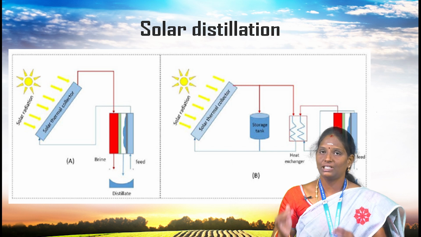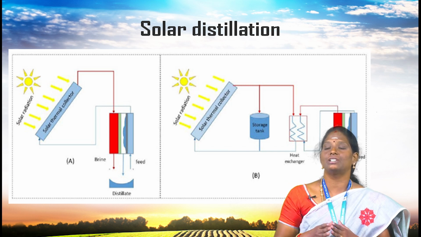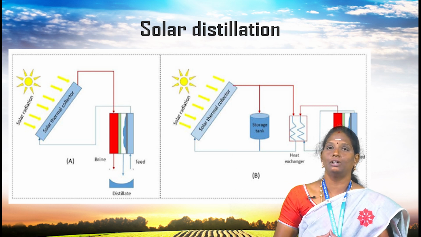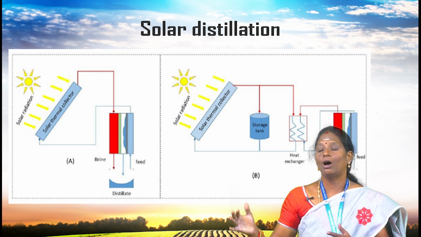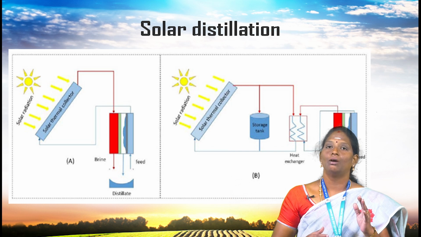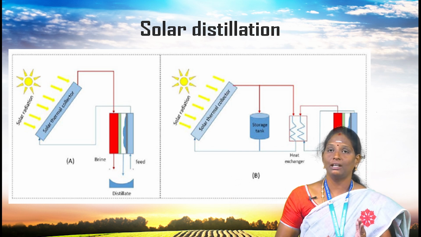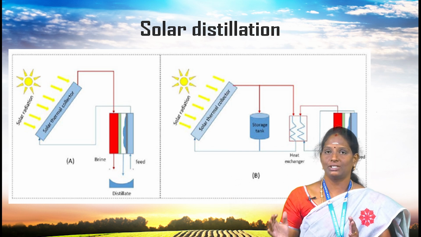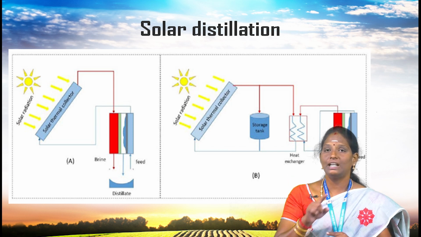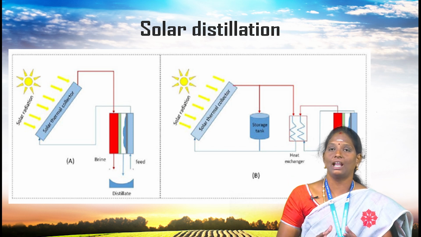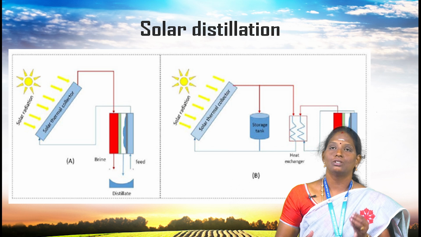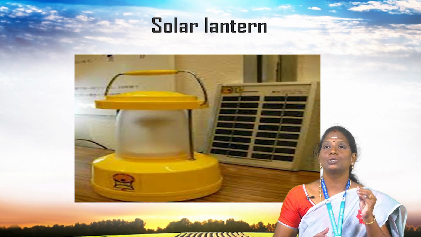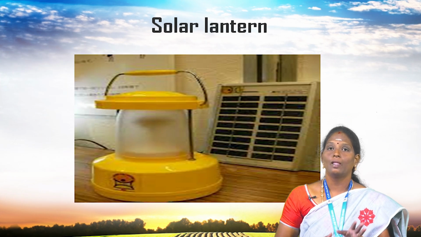For village lighting, three major system configurations are available. They are domestic lighting system or solar lantern, pole mounted stand-alone street lighting system, and non-grid interactive centralized lighting system. These are the major systems configured for villages. So we see about solar lantern.